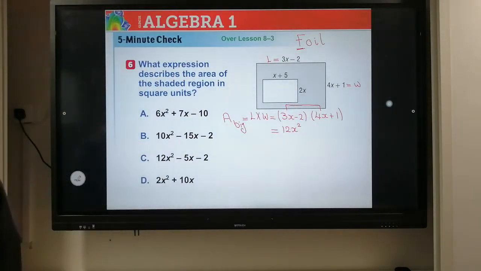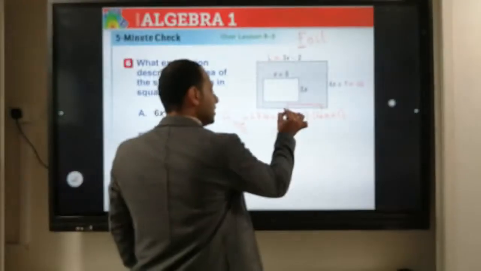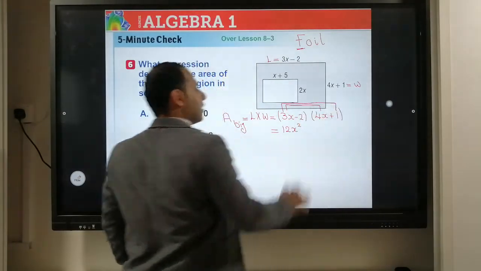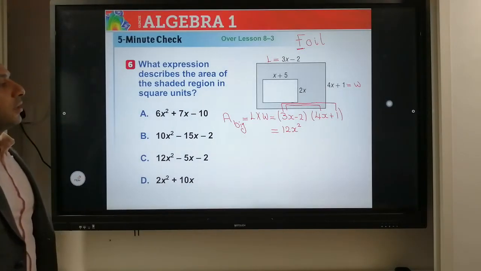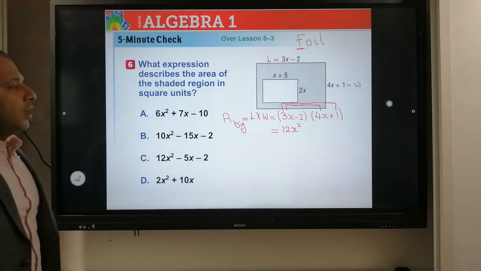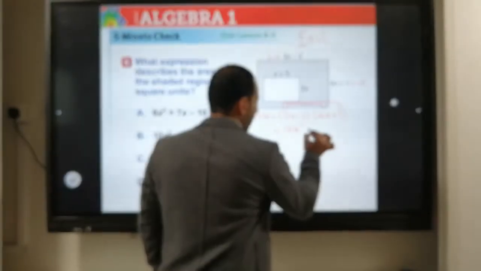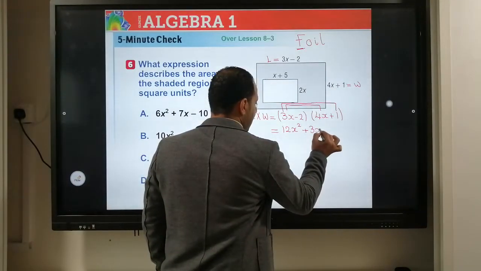O means the outer, so 3x multiplied by 1. Any number multiplied by 1 is the same, so I just write plus 3x.